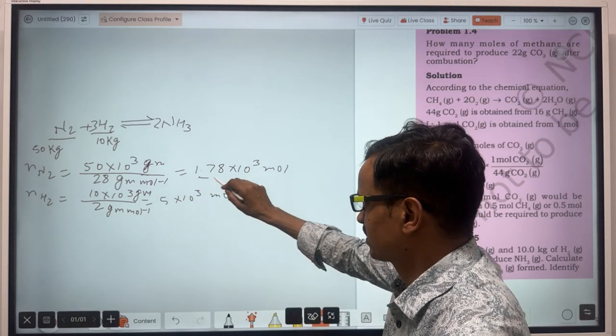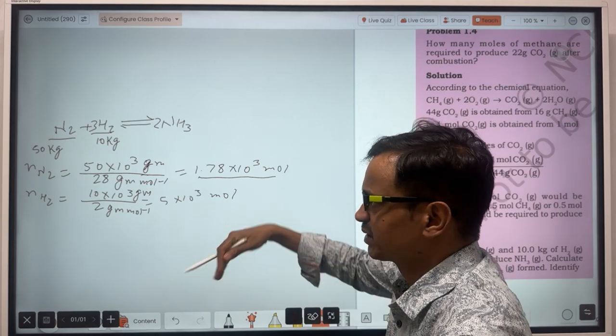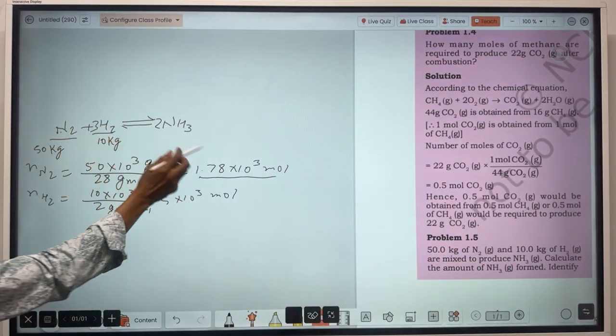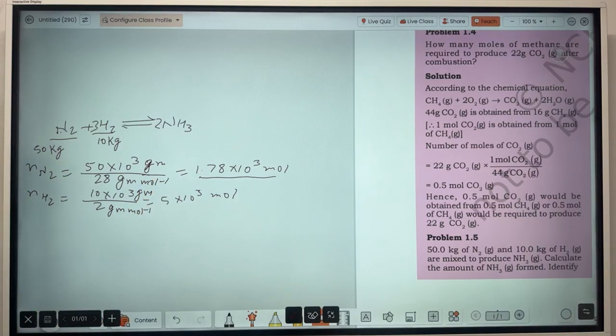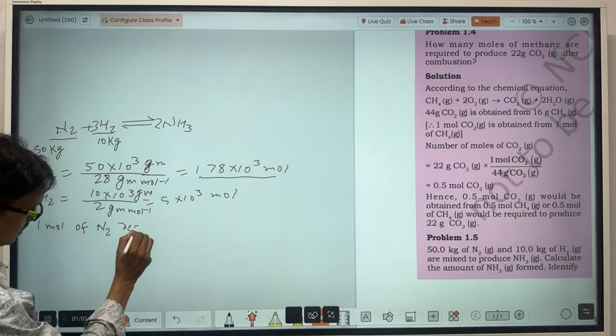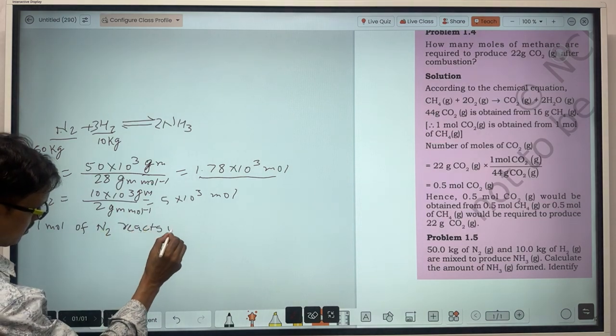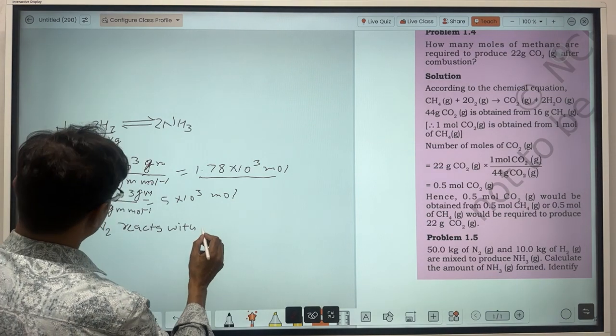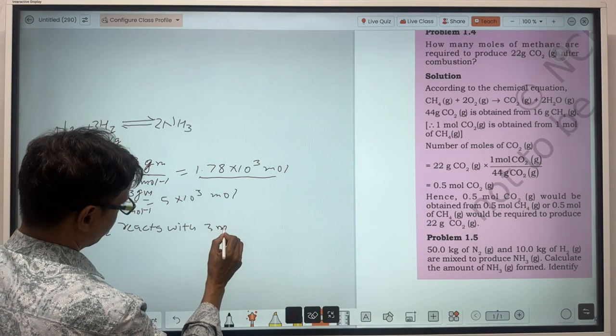So that much nitrogen will react with how much hydrogen? We will have to proceed. According to the equation, 1 mole of N2 reacts with 3 moles of H2.